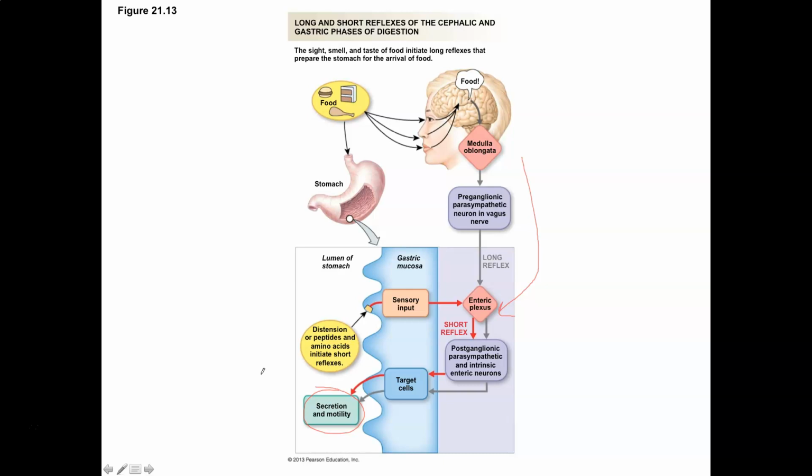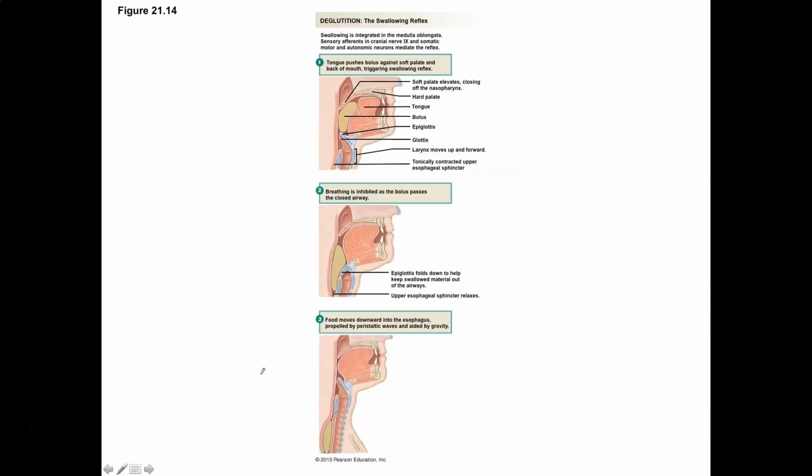And then, of course, once you do put food into your mouth, you have that mechanical digestion taking place where you use your teeth and you are chewing and grinding and getting ready to swallow the food material that has entered your oral cavity. Once you have decided that it's time to swallow what you've been chewing, you go through what's called a deglutition reflex.